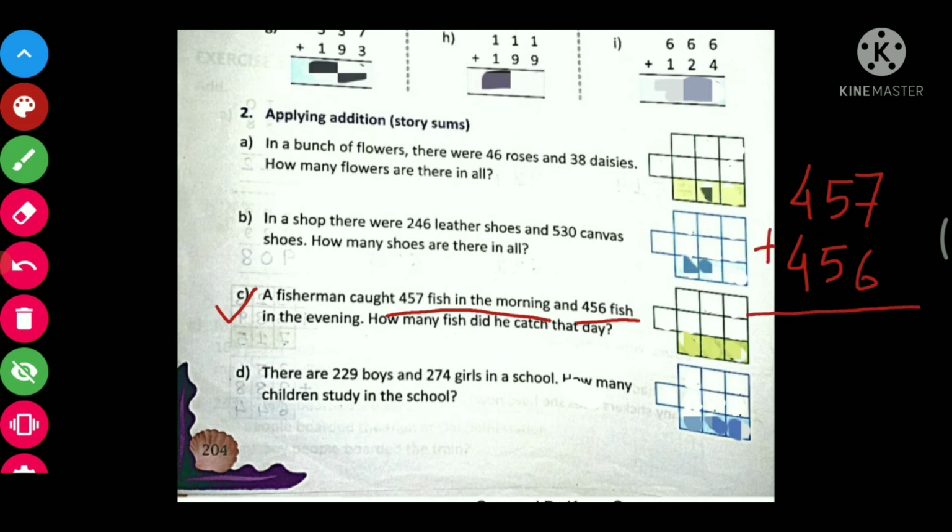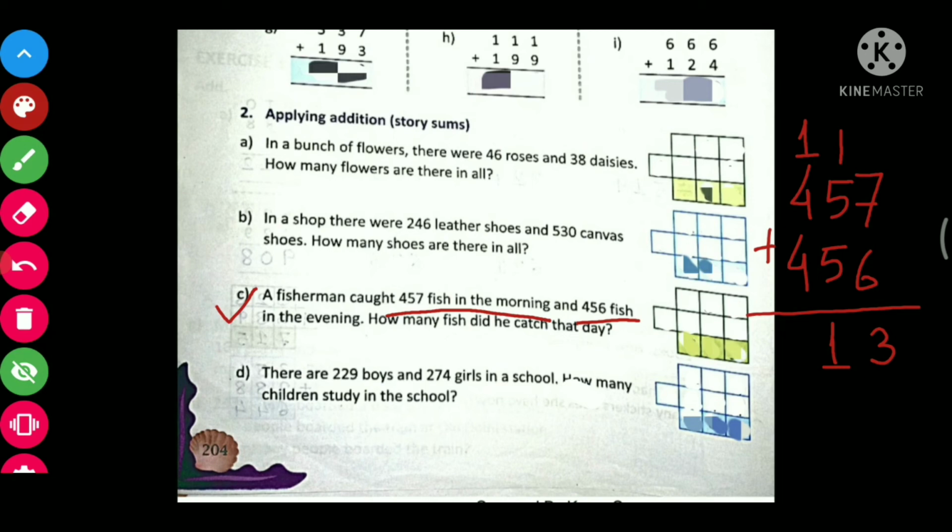Okay, now see the ones place 7 plus 6, it will be how much? 13, right? So we'll write 3 here and we'll give 1 to the tens place. Now 1 plus 5, it will be how much? 6. 6 plus 5, 11, right? So we'll write 1 here and we'll give 1 again to the next place, that is 100 place.